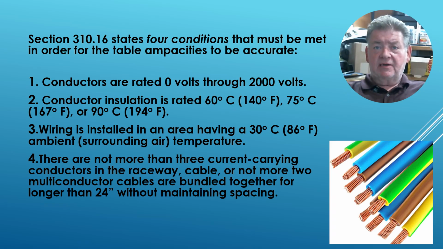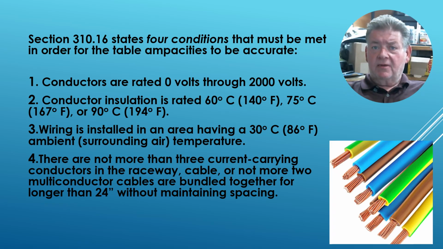Condition two, the conductors have an insulation that has a maximum operating temperature of either 60 degrees C, which is 140 Fahrenheit, 75 degrees C, which is 167 Fahrenheit, or 90 degrees C, which is 194 Fahrenheit.